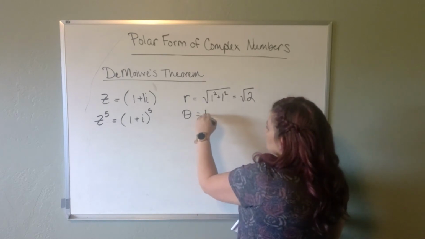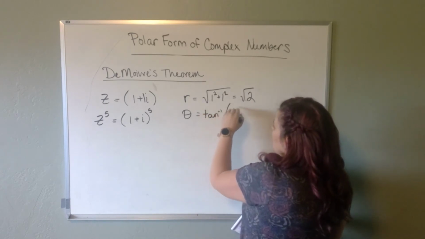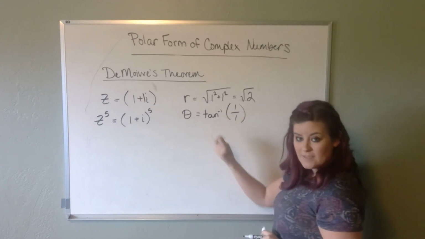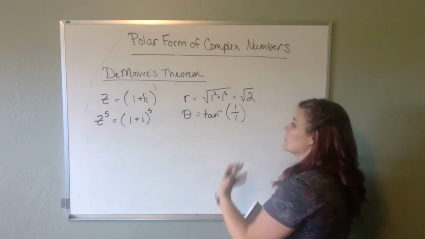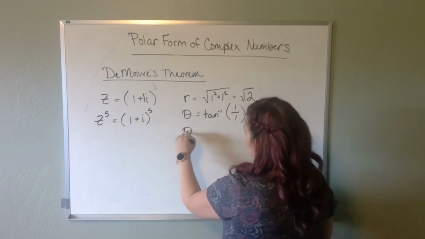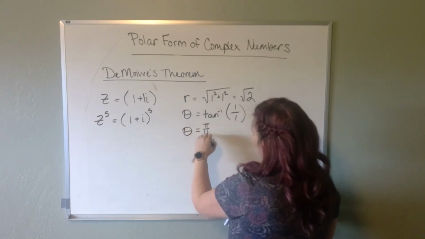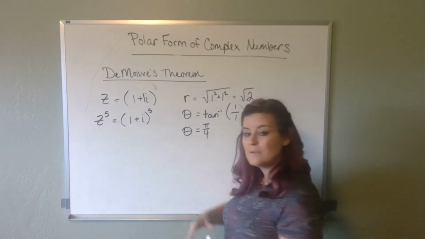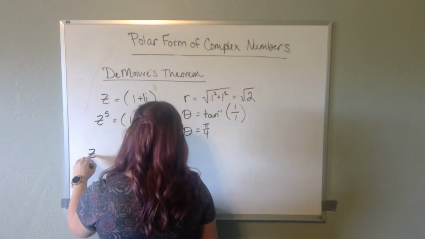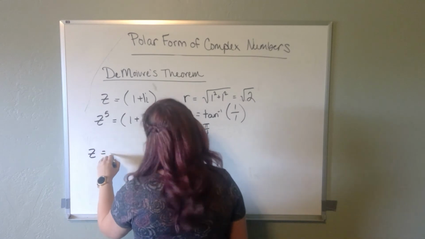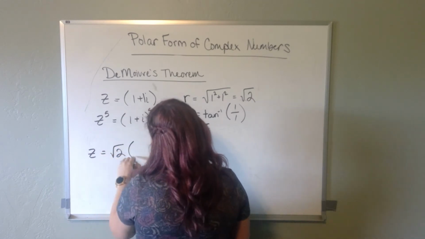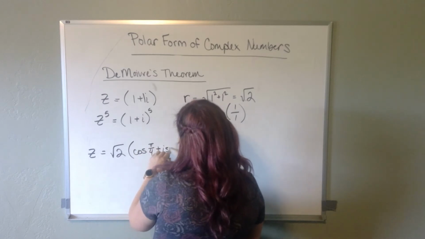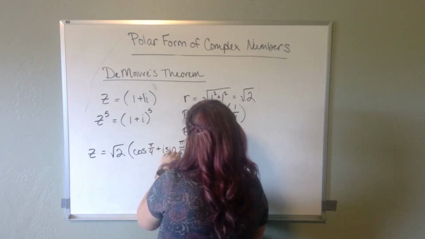Your theta, remember that's the inverse tangent of y over x. These are both positive x and y values. It's in the first quadrant where tangent is 1, so our theta is pi over 4. So use your r and theta to write it in polar form. So z in polar form is the square root of 2 times cosine pi over 4 plus i sine pi over 4.